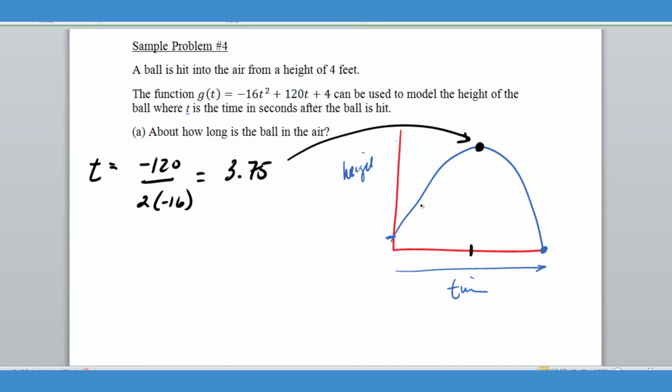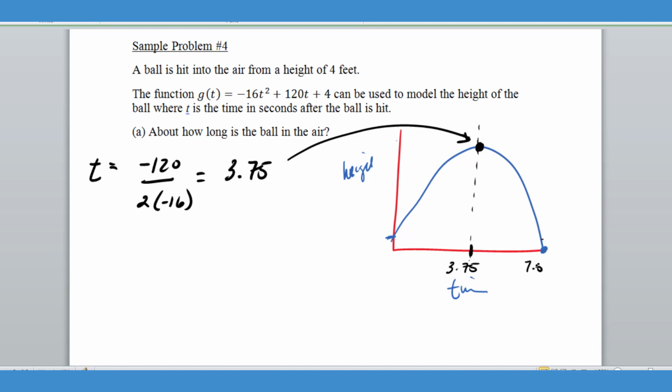Now, your physics teachers will get into more detail about the velocities and the force and everything that's applied to the ball. But in essence, if I know that it took me roughly, let's say, 3.75 seconds to get to the top, we know that that's basically an axis of symmetry. So the same amount of time it took me to get from here to here, it should take me roughly the same amount of time to get over here.